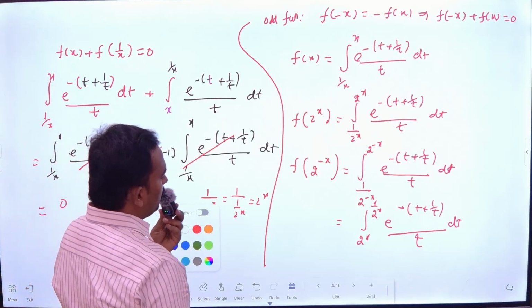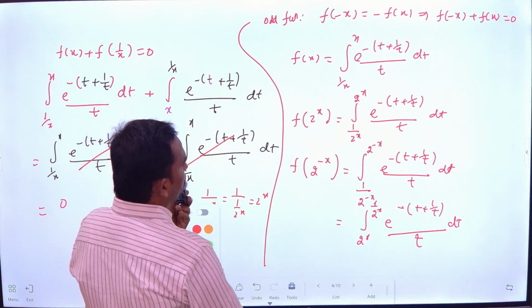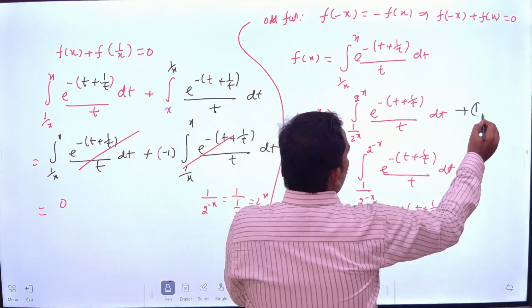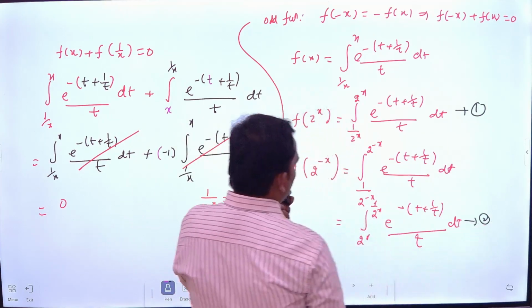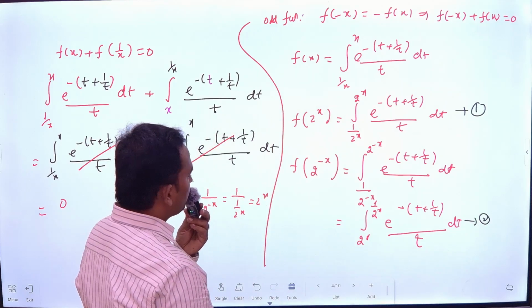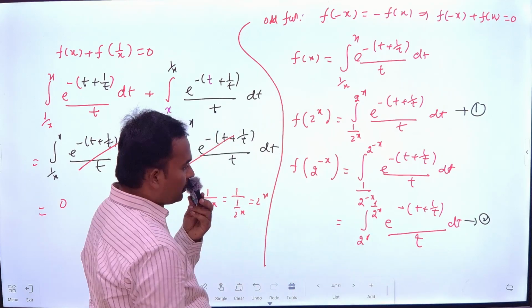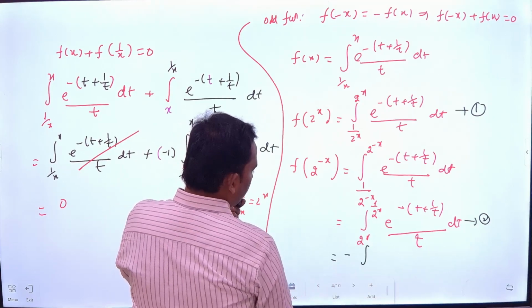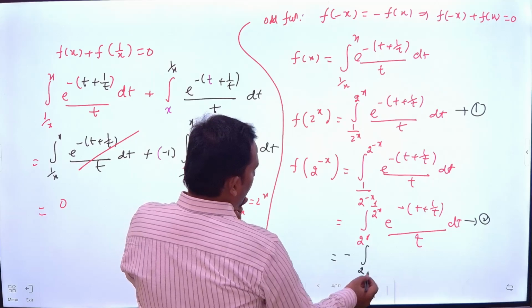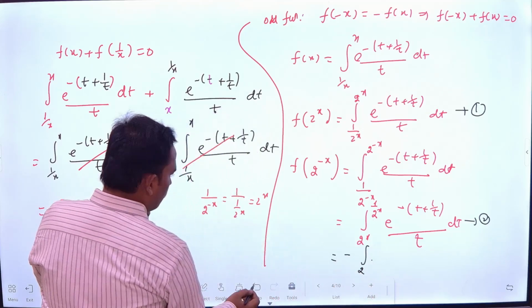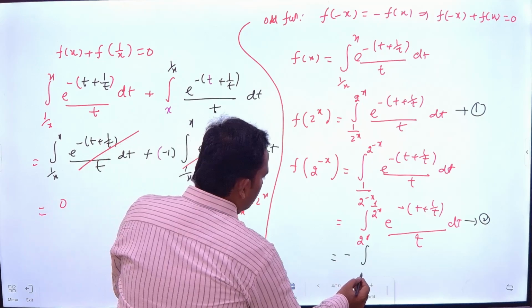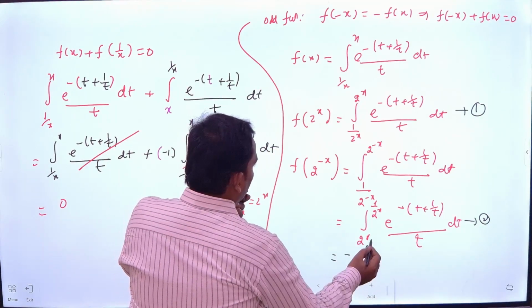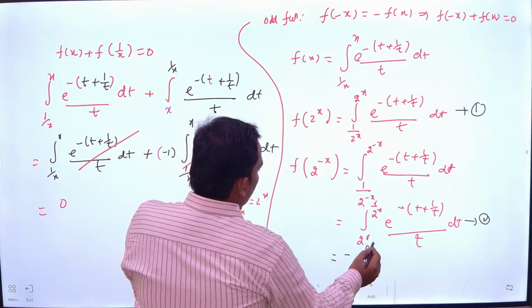Now you can see this one and this one, right? This is the first one. This is the second one. So how to rewrite this one? You can interchange the limits of this. Then it is equivalently minus, 1 by 2 power x, 2 power x, right?